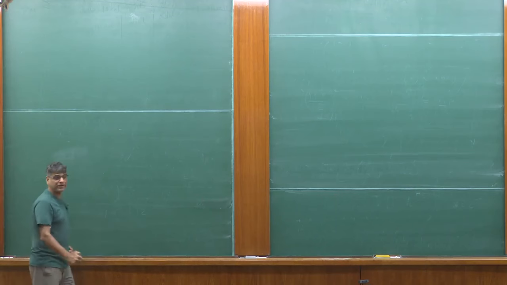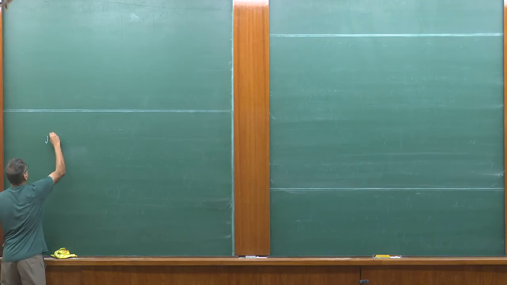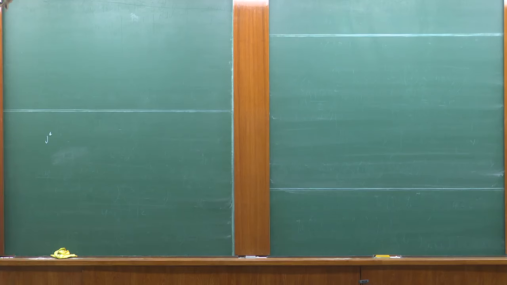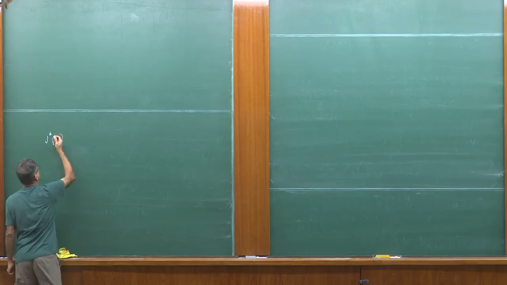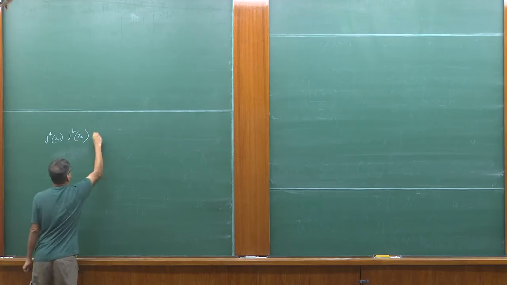Now we're returning to current algebra, but we've grown up. We are now looking at this in some arbitrary algebra: J^A(z1) J^B(z2).